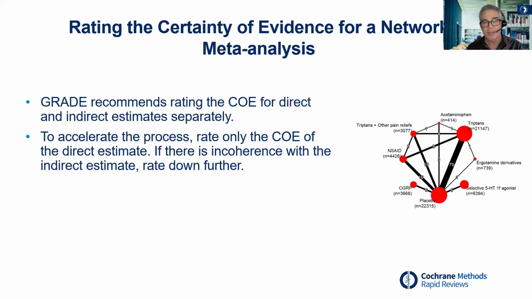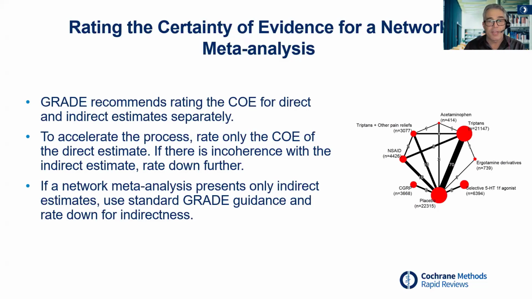So do not separately rate the indirect estimate. And if a network meta-analysis presents only indirect estimates, then use standard GRADE guidance, but further downgrade for indirectness. This deviates from GRADE guidance in that comparisons contributing to an indirect estimate are not graded separately, but rather globally.